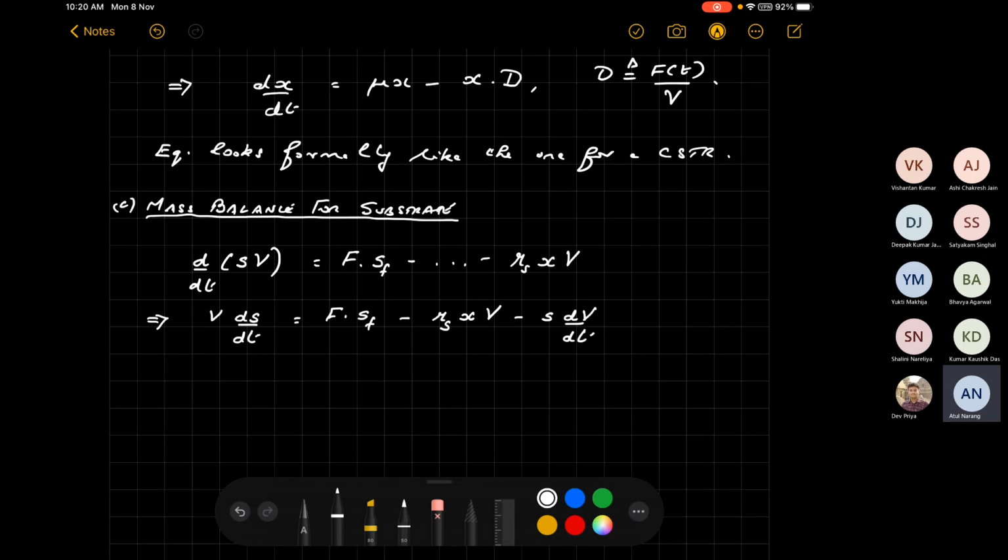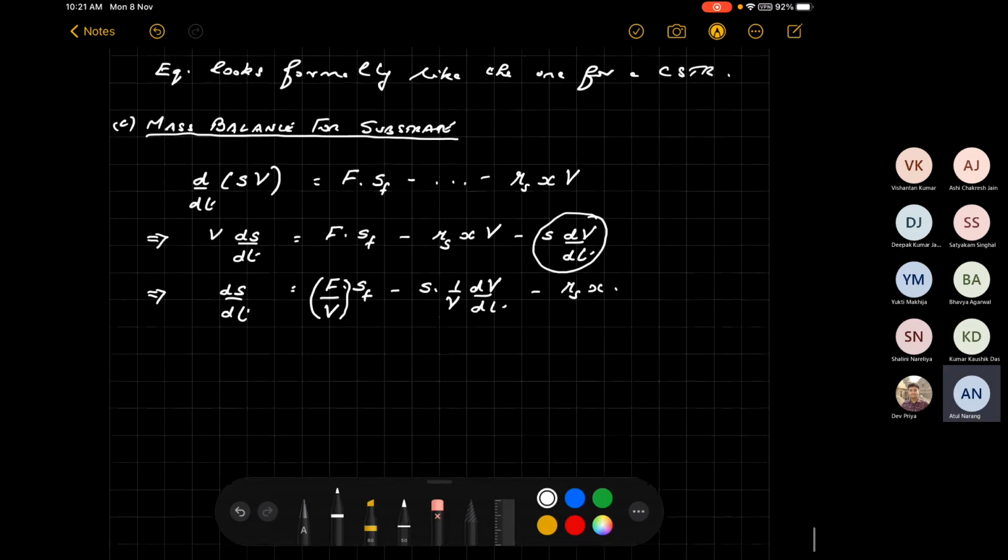I've just moved that over to the right hand side. Divide the whole thing by V and you get dS/dt equals F over V times SF, minus S times 1 over V dV/dt, minus Rs times X.